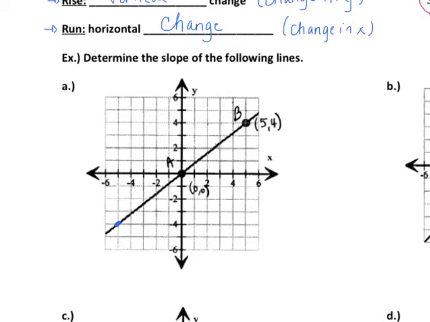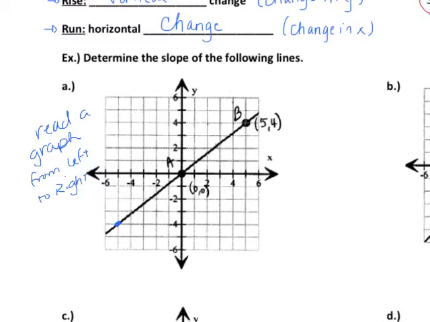So you want to find exactly where the line is going to cross and make that perfect intersection. Now, we read a graph just like we read a book. What we need to remember is that we read a graph from left to right. And this is key, because when we're trying to determine our points and figure out our slope, we need to realize how exactly we're reading this graph.